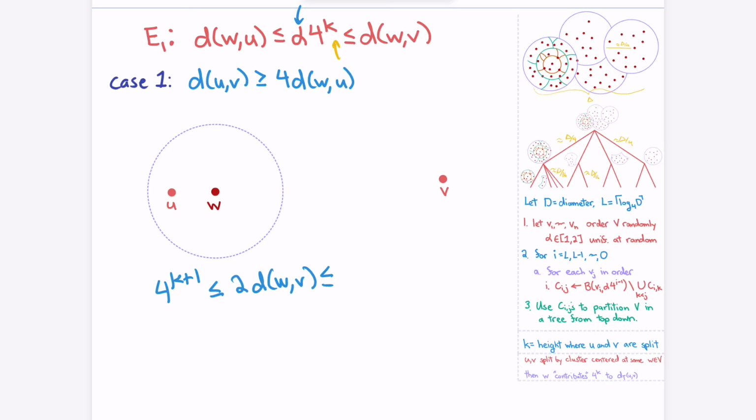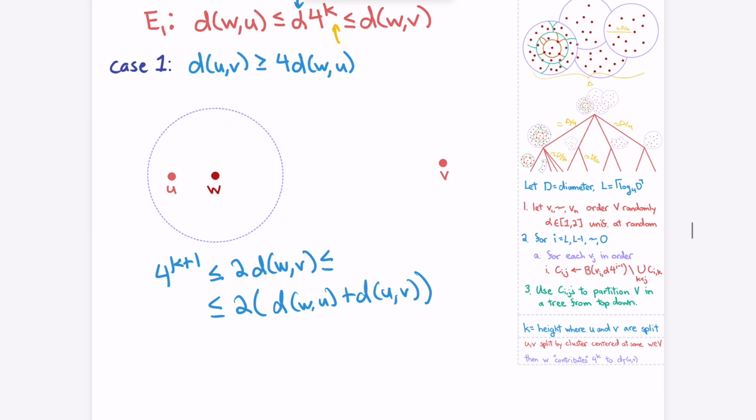And this is 2 times dWU. I'm going to apply the triangle inequality, dUV. And then finally, WU is relatively small. So this is at most, well, if you're being really careful, you can get it down to 5/2 dUV, but really any constant is fine. That's where we're applying this part.